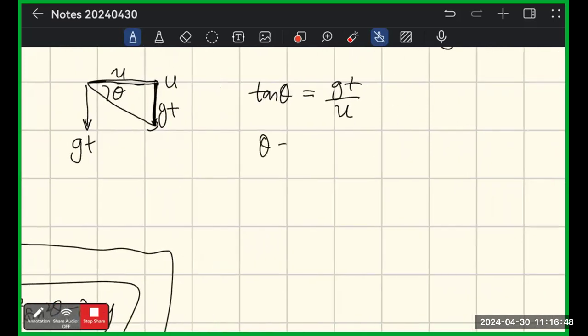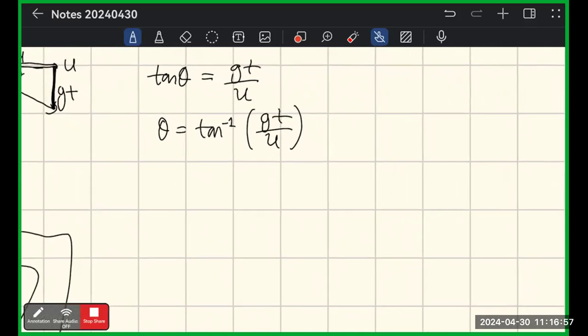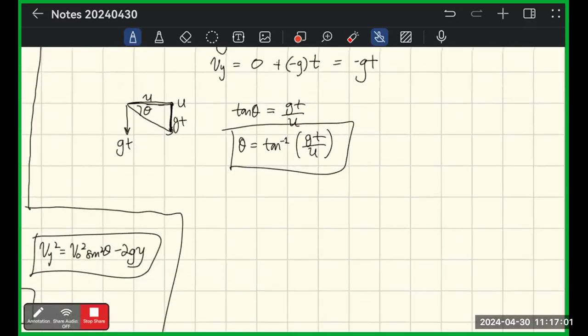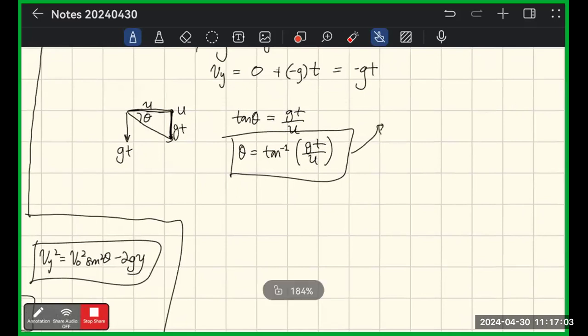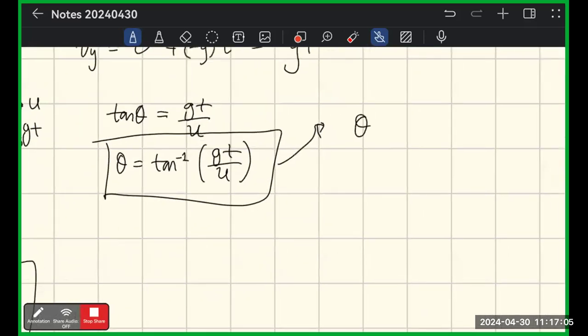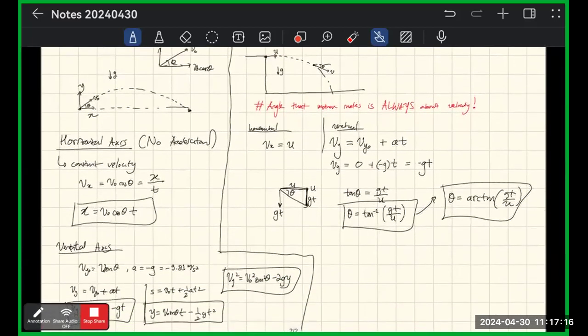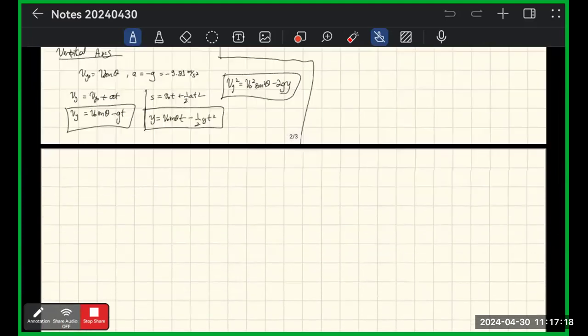So theta as a function of time equals the inverse tangent of gt over u. This is how you represent the answer. Or if you want to do it your own way, sometimes people use arctangent of gt over u. That's all for this kind of question. It's pretty simple. We move on to the next question.